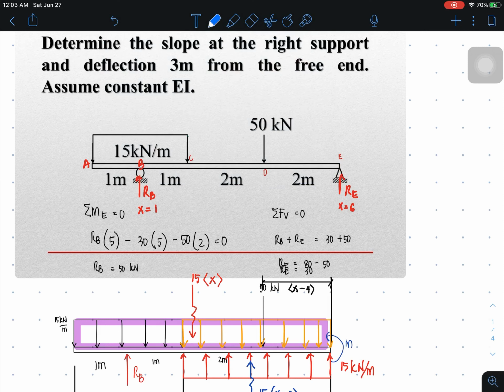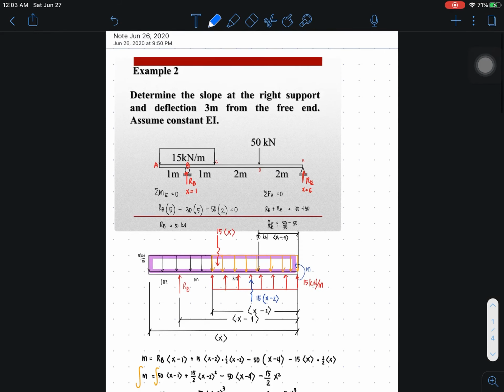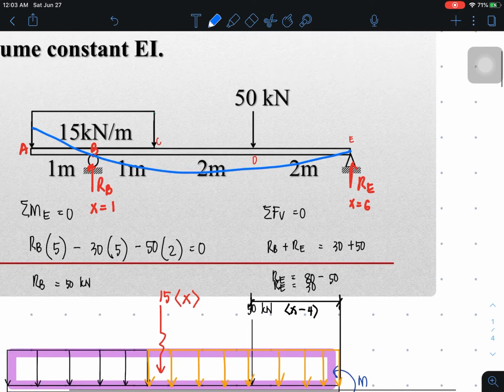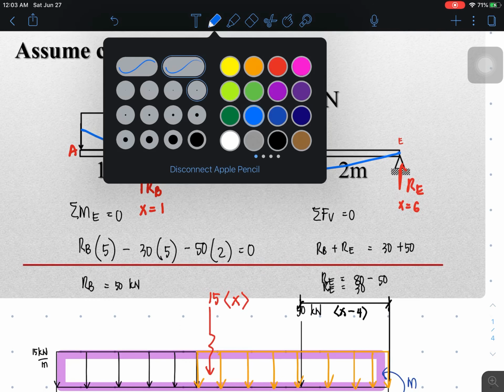So how do we draw the slope? So ang buhaton nato is we're gonna draw the deflection line sa kaninga beam, exaggeration. Okay, so how do we draw the slope?